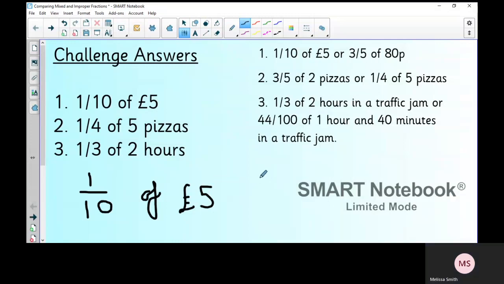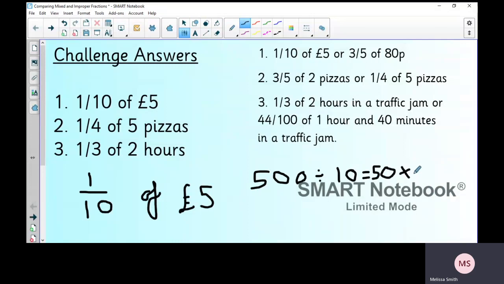So now my new calculation, instead I can do 500, and you'll have to forgive me because I'm not great trying to use the pen using my mouse. 500 divided by 10. What's that? Well, that's 50. And then I have to multiply my answer by the numerator, times by 1.